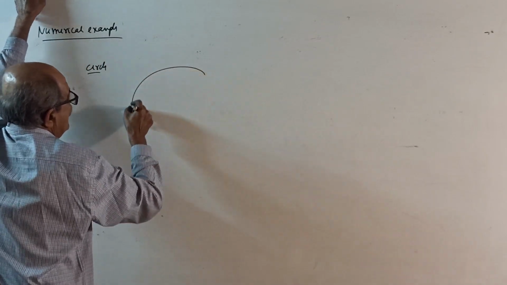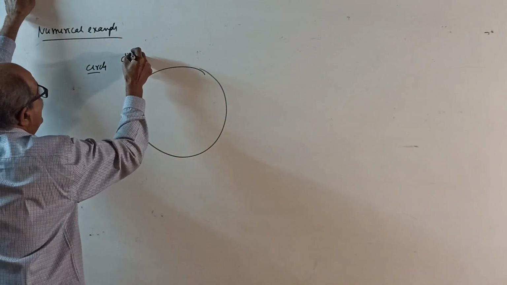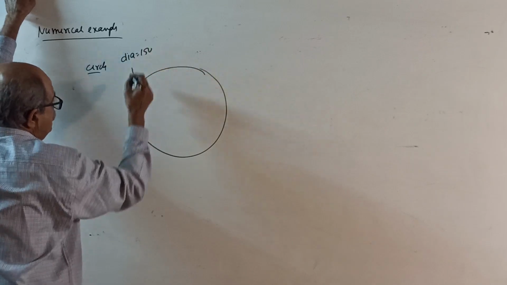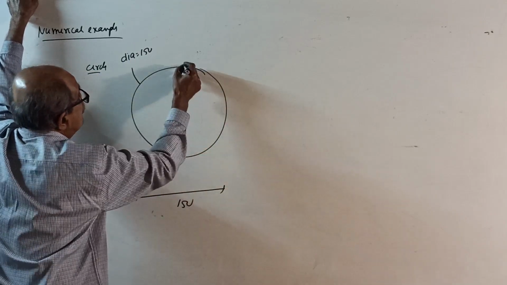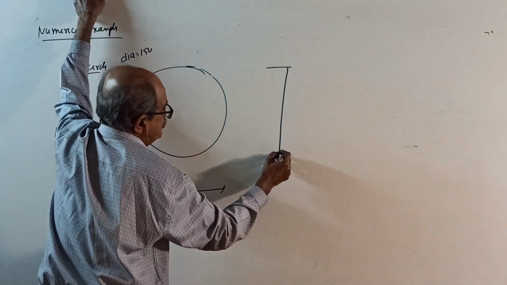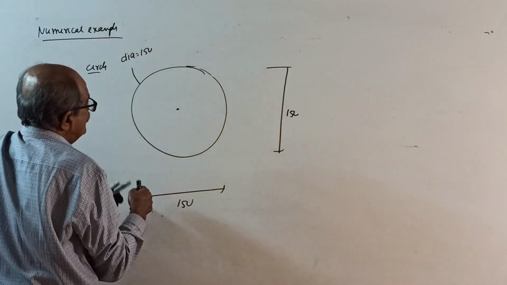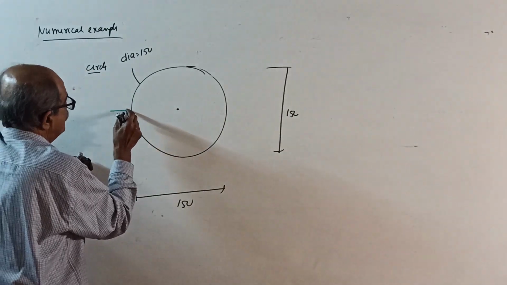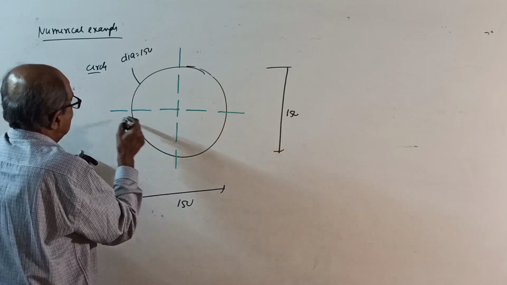Take a circle randomly. Imagine the diameter is 150. That means this is 150, this also 150. Crystal clear. This is the center, and this is the axis.